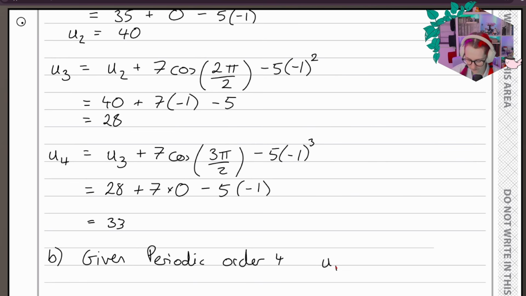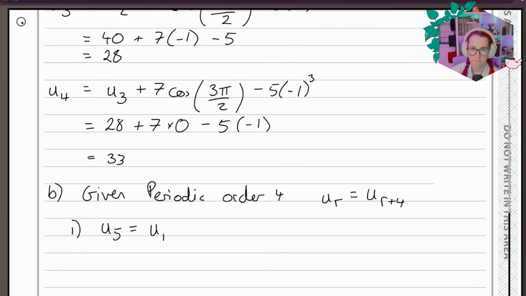So U(r) is the same as U(r plus 4) for all values of r. So U5 should be the same as U1 because it's U1 plus 4, so it's the same. Then this is going to be 35.